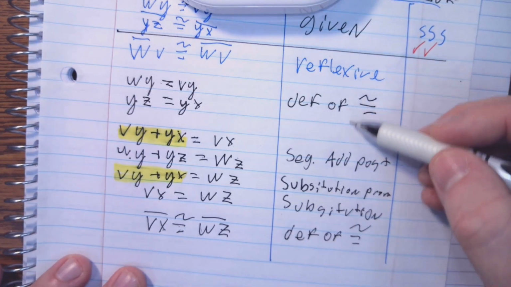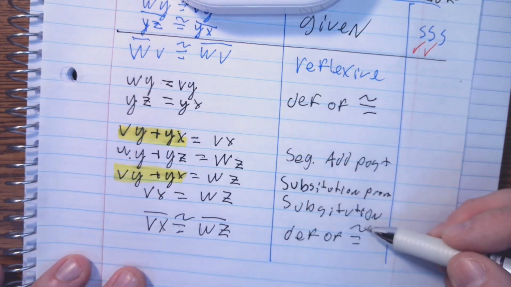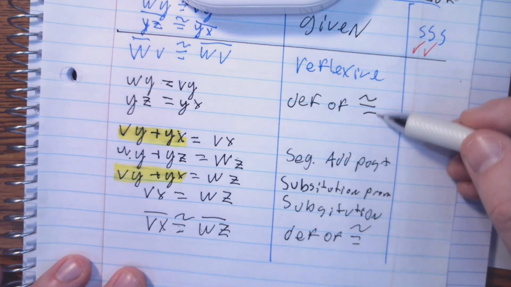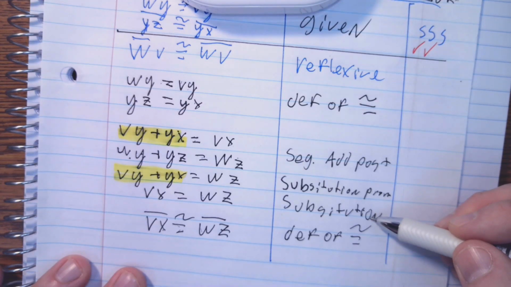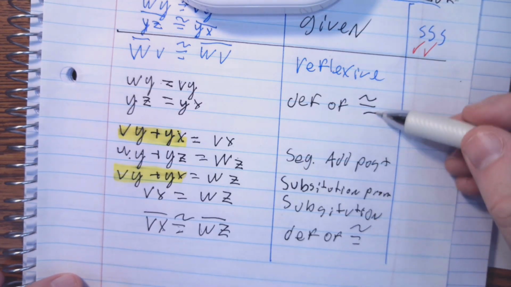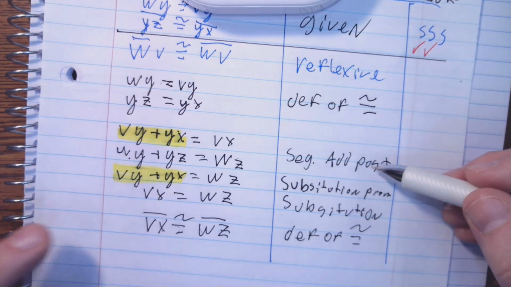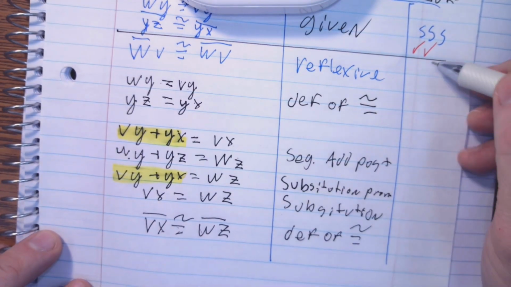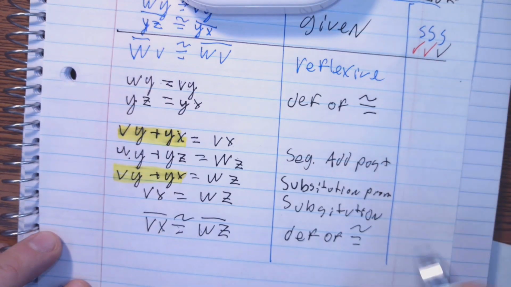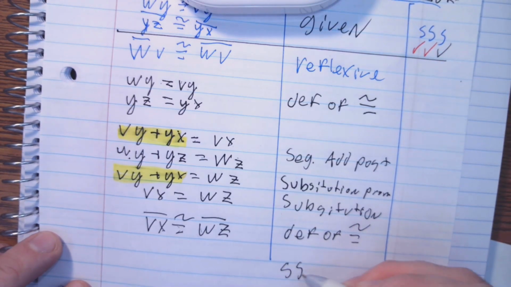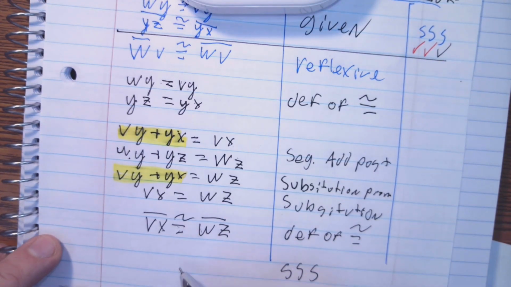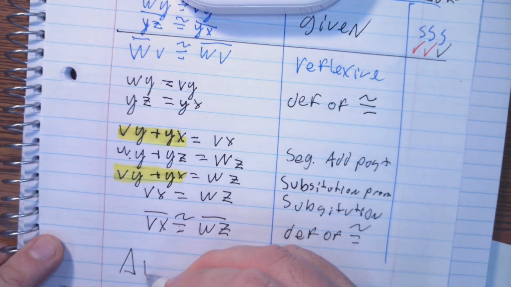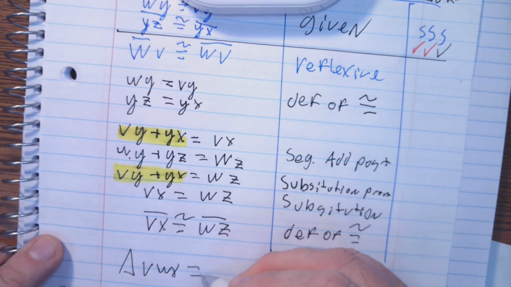So, if you did all of this in 1 or 2 steps, I'm impressed. Am I going to put something this hard on the test? Probably not. But I do want to show you where it's going. And so, this statement right here gives me my last side, and so I can finish off with side, side, side, and I just do this little VWX congruency.